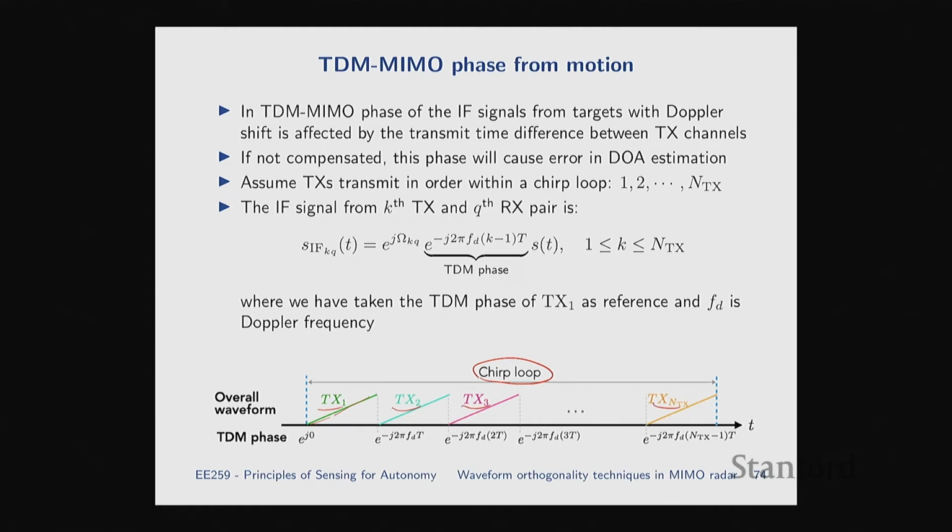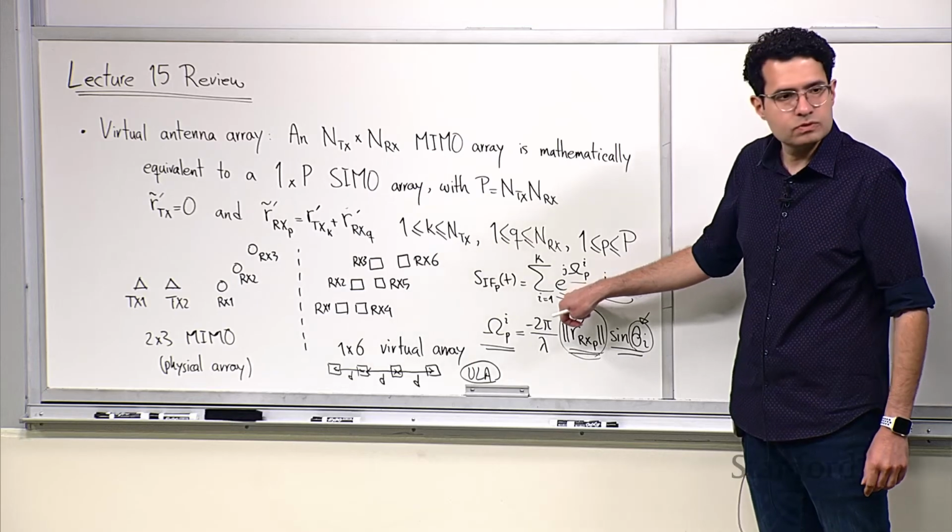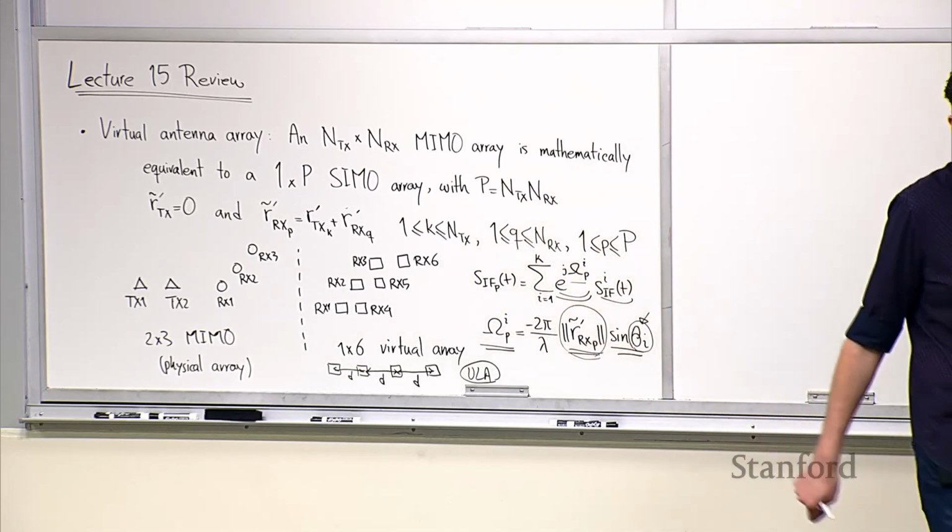And if we look at our original signal model that we had on the board here, we said that the IF signal you get from virtual element number P has two components. It has this temporal component, S_IF of t, and it has this spatial phase, which is e to the j omega_i p. And we basically work with this e to the j omega_i to recover direction of arrival.